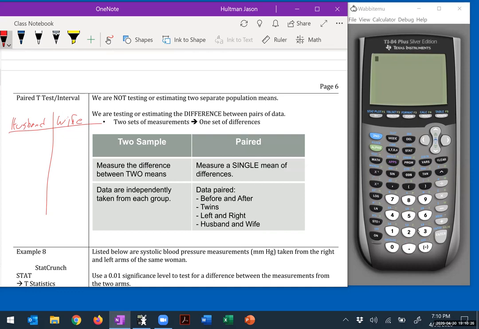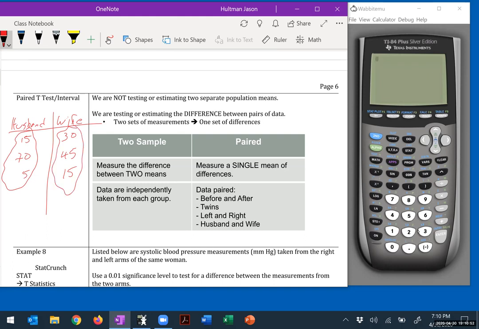Maybe the husband does 15 minutes and the wife does 30. The husband does 70 minutes and the wife does 45. Maybe the husband does 5 minutes and the wife does 15 minutes. Now would I want to just average all the husbands together and average all the wives together and compare them?